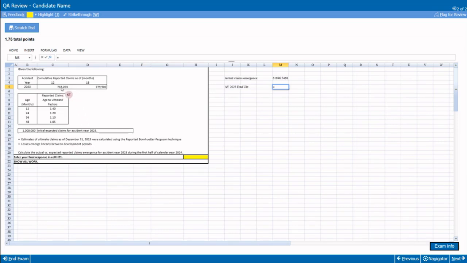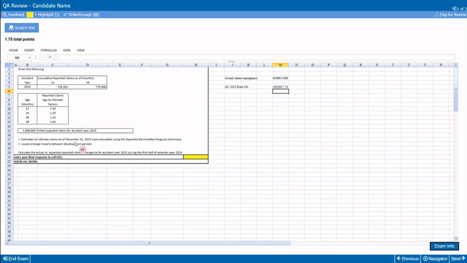So it's going to be the reported claims at the end of 12 months plus 1 minus 1 divided by the reported claims age to ultimate factor at 12 months. So 1 minus 1 divided by 1.4 gives us the percentage unpaid. And then I'm going to multiply that by the initial expected claims.